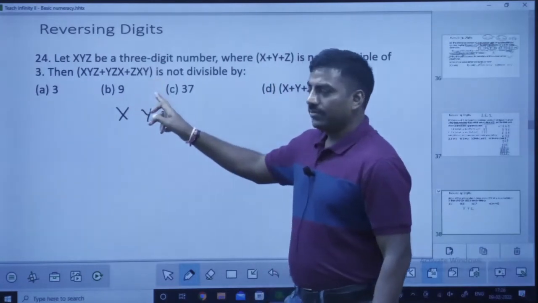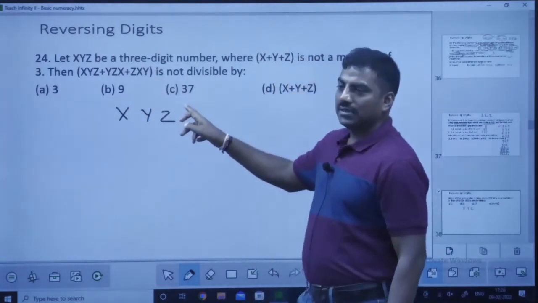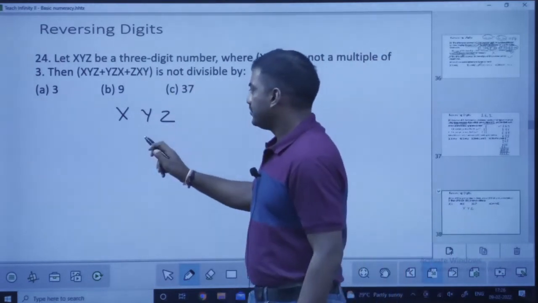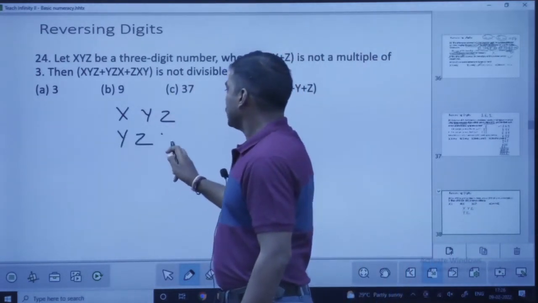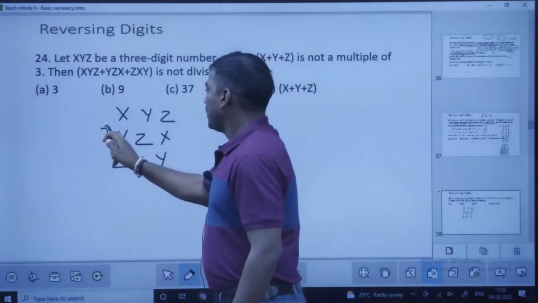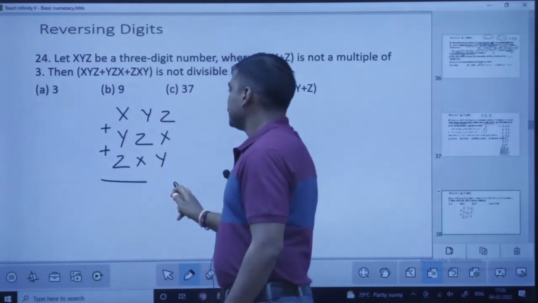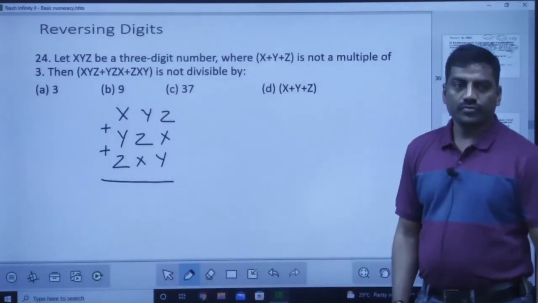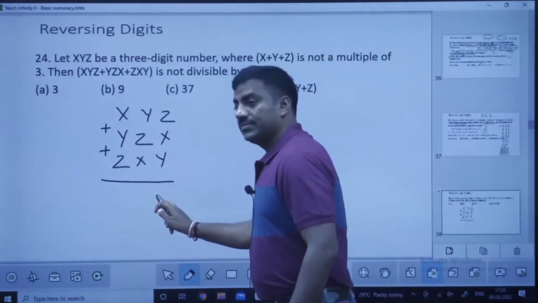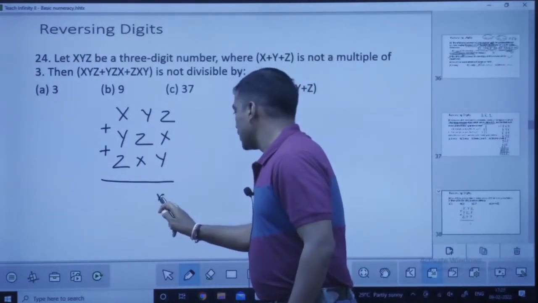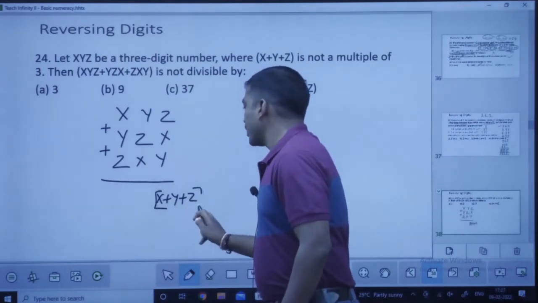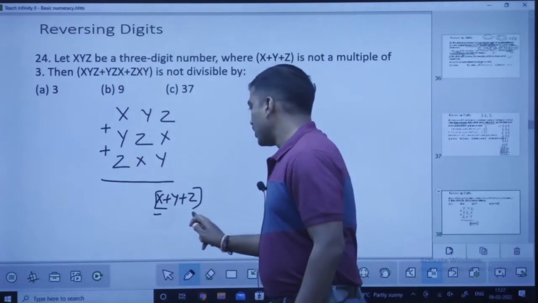Then XYZ plus YZX plus ZXY. See, this is XYZ, YZX plus ZXY, add them. What is this? X plus Y plus Z. This is 1 digit.